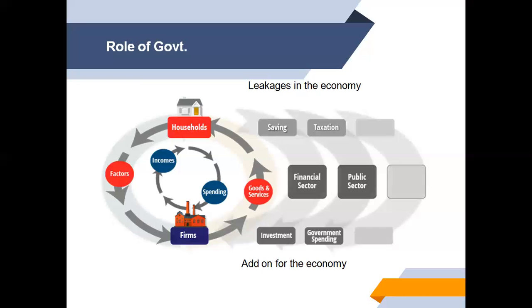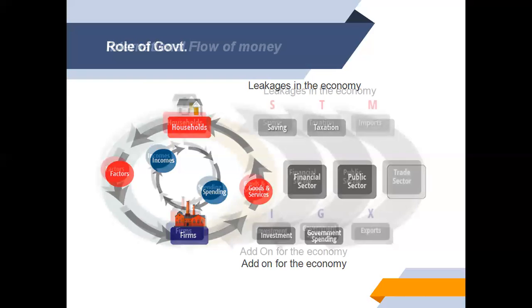Suppose the government is constructing a road, so for that road it would require raw material, labor, and whatnot. So these are again factors of production which will be supplied by the households. So the government will be paying them. So ultimately, the money is flowing in this cycle. So this is an add-on for the economy.